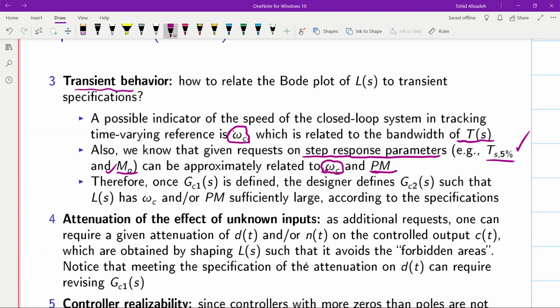And therefore, once we have GC1 defined based on the steady state requirements, we can focus on forming the proper omega c and phase margin in order to satisfy the transient requirements.